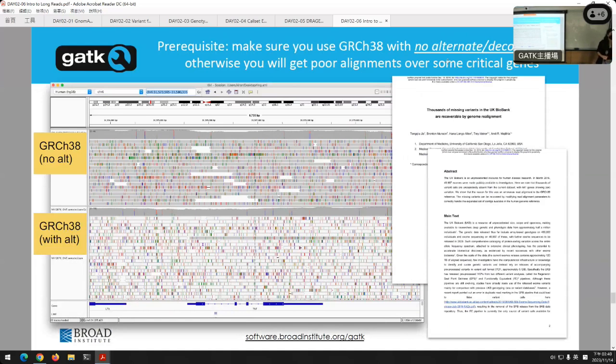For short reads, the default reference that we use does contain alternate or decoy contigs that describe diverging haplotypes, and BWA can handle those without impacting mapping quality over those regions. But with Minimap2, the best practice is to use a reference without those alternate or decoy contigs. So just make sure you're using the right reference because it will be different from the one that you use for short reads.